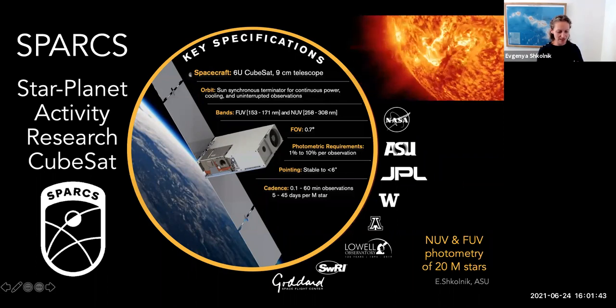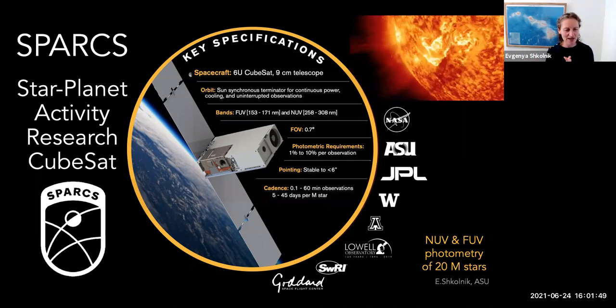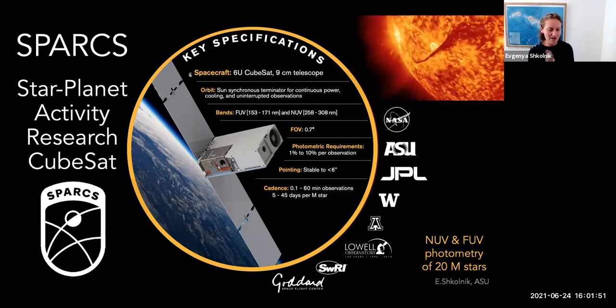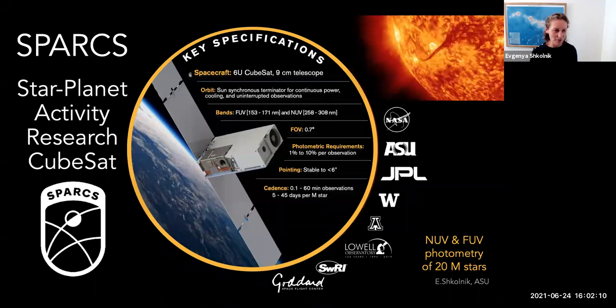It's going to house a 9-centimeter telescope, which we already have here at ASU, sitting in a fume hood, waiting for the camera to come from JPL. And then we're going to integrate it all at JPL along with the spacecraft. So we still have a bit more work to do there, but we're aiming for a launch in 2023. We're going to launch it to a sun-synchronous terminator orbit. That's the hope, at least. Of course, we'll be hitchhiking a ride, as these small satellites typically do, but that's what we're aiming for.